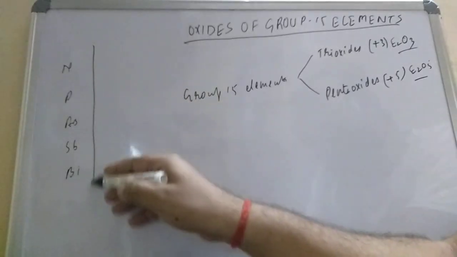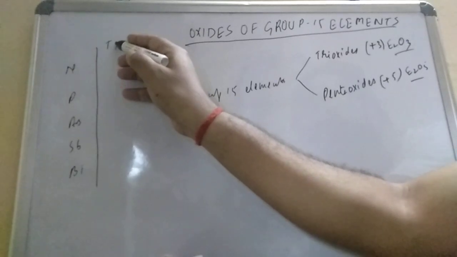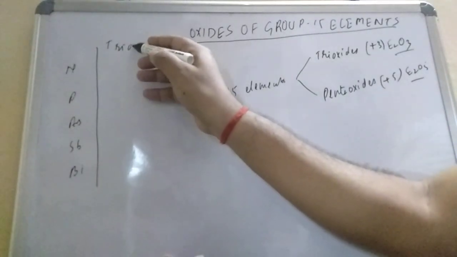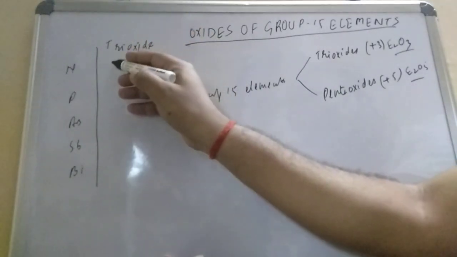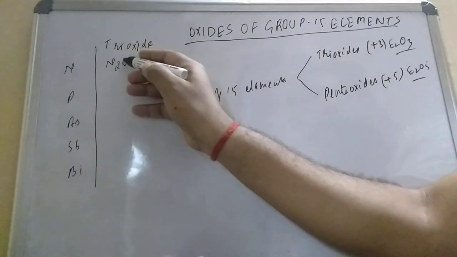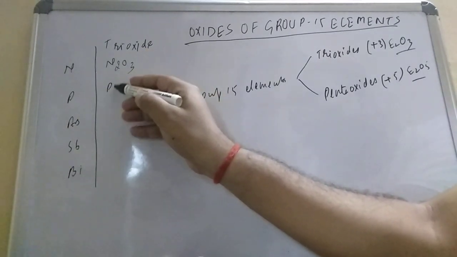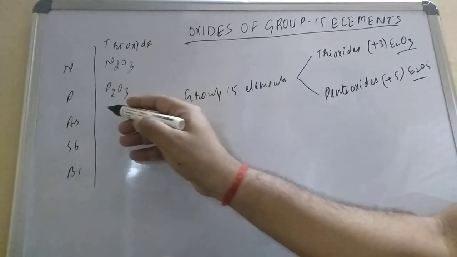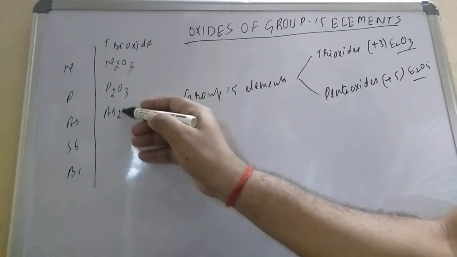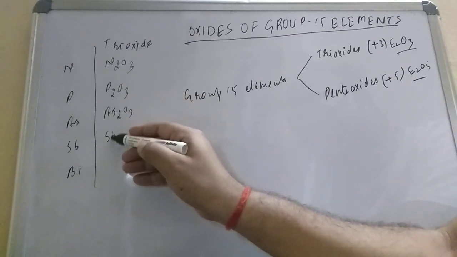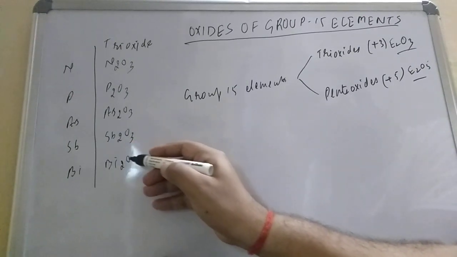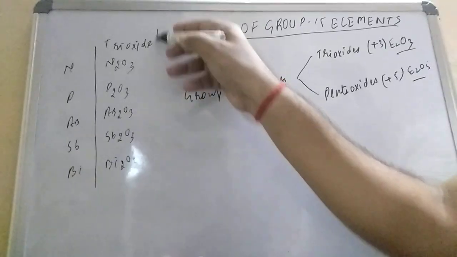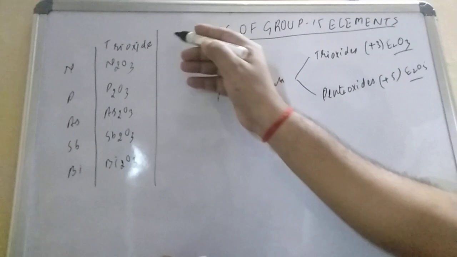First the trioxide. What would be the formula for the trioxide of all? N2O3, P2O3, As2O3, Sb2O3, and lastly Bi2O3, bismuth trioxide. Now if you go for the pentoxide, what is the formula?